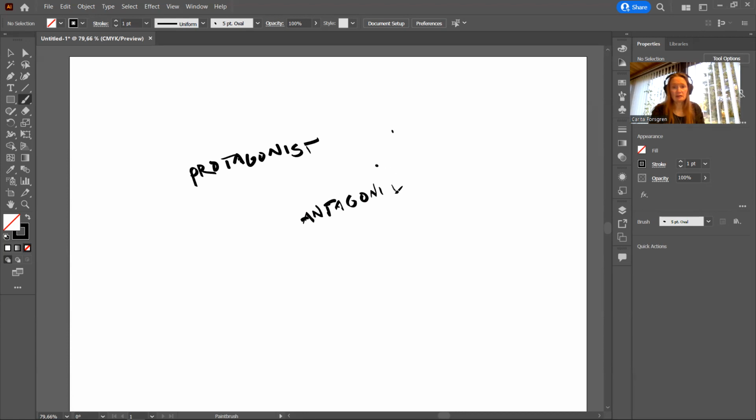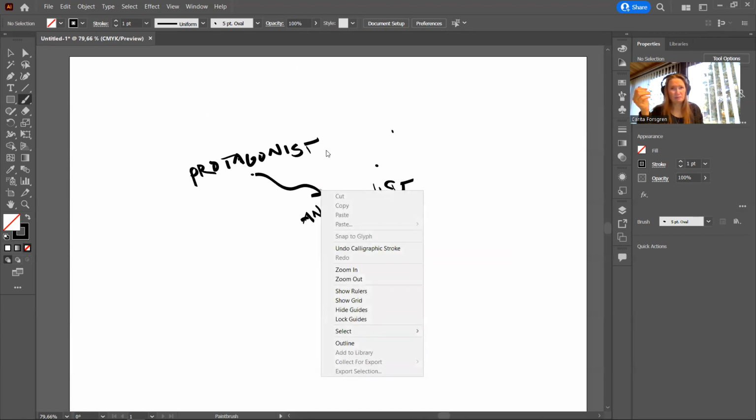And this is too slow for me because the webcam's not working. Okay, we have the protagonist and the antagonist, and they might be, and here's, why is it giving me the, anyway, they might be, it's giving me the right side click all the time for some reason.